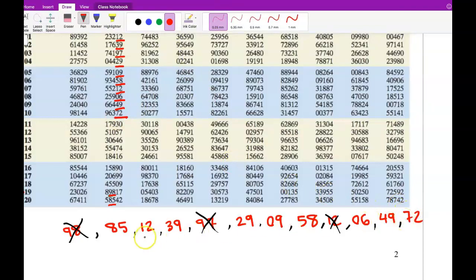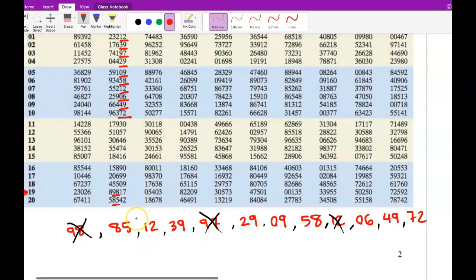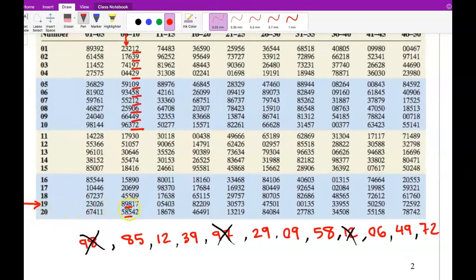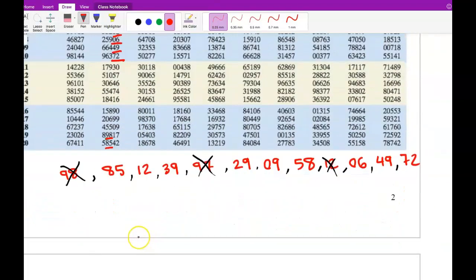And that's it. This is our sample using this table, starting from row 19, column 7. Adding what rule was here: we had 2 digits.